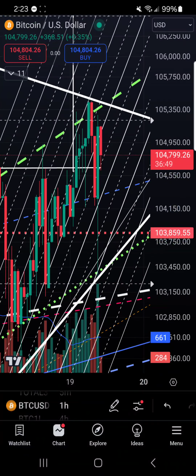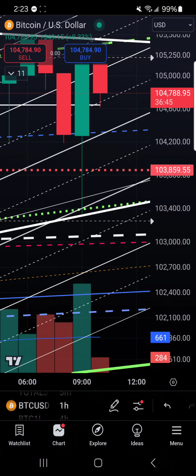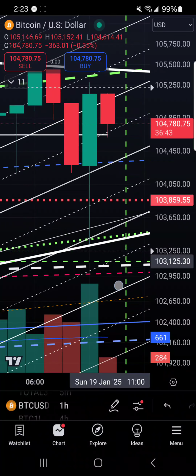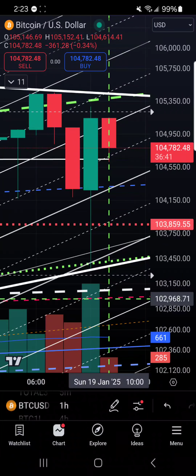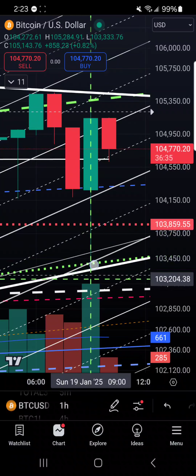Because we took this dump down. You can see it barely because it's a wick. We dumped down here, started going down, and then had a big dump all the way down to here.